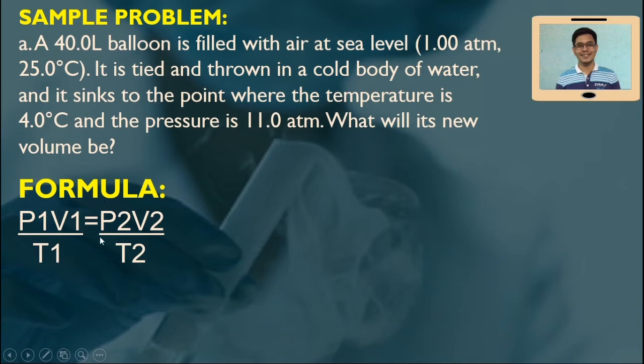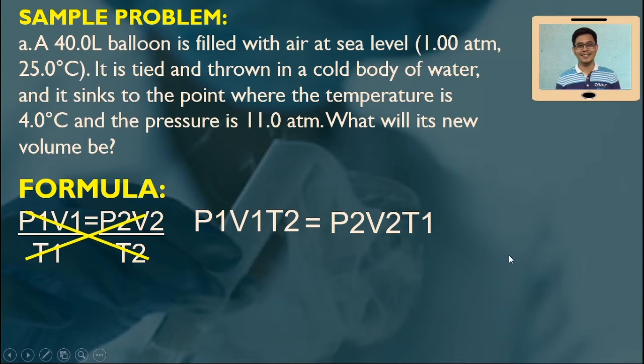From this original formula, we're going to cross multiply P1V1 multiplied by T2, so we have P1V1T2, which is equal to the cross multiplication P2V2T1, which is here. And afterwards, we're going to divide both sides by P2T1, because on the right side, the only thing we need to be left with is V2.